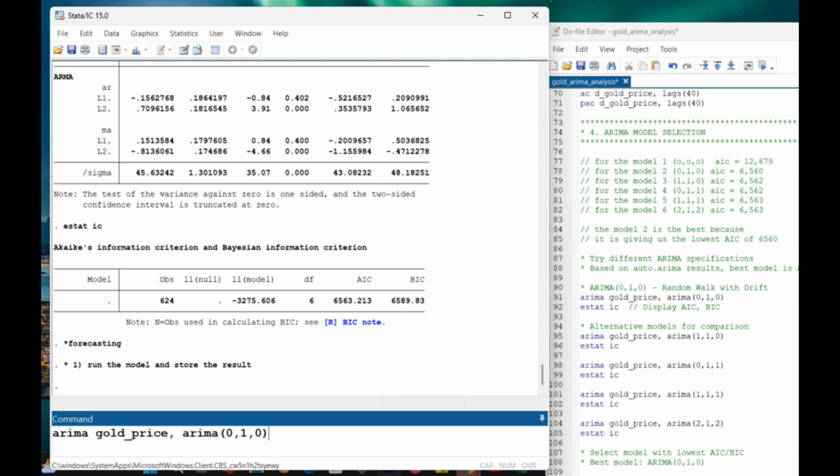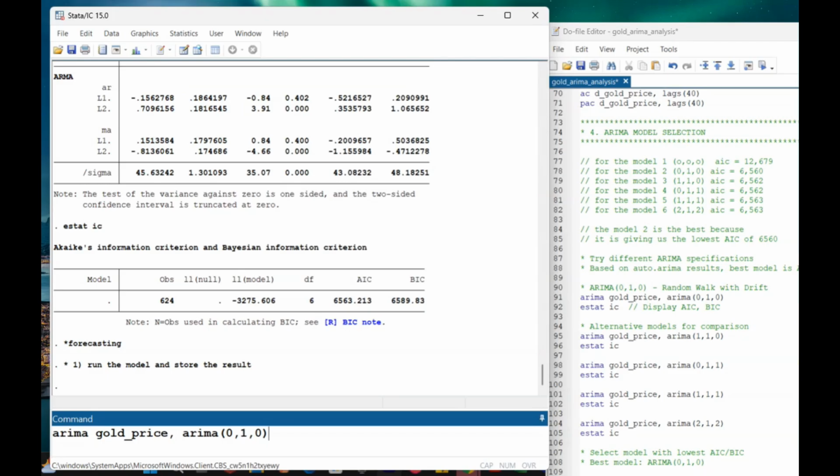Please type predict after running the model. Please type predict error residue. Are we on the same page? So now we have created our residue.